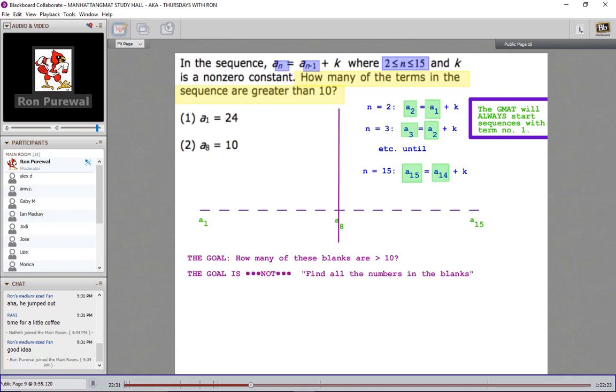But this is the intuition that we're trying to build here. The intuition that I want you guys to have is if you actually end up with all the numbers in the blanks, your reaction should be like, oh crap. That should be your reaction. If you actually find all 15 numbers, whoops.